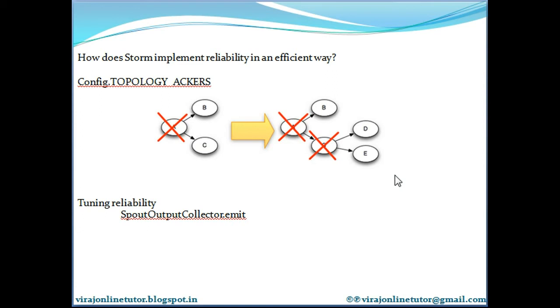So there are a few more details on how Storm tracks the tuple trees. As mentioned already, you can have an arbitrary number of acker tasks in a topology. This leads to the following question.